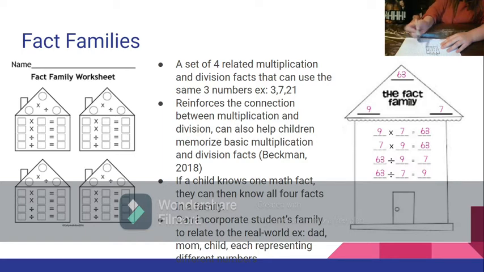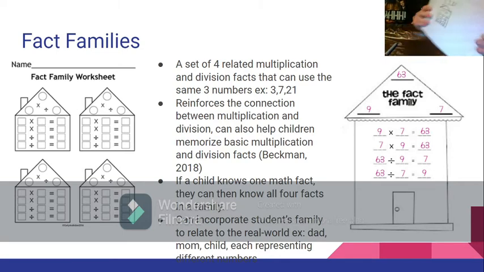We will then start with the larger number, or the product, 21, divided by what? 7. Okay, equals what? 3. And we knew this by the multiplication facts. We will then start with 21 and use 3 to equal 7. This shows a fact family.